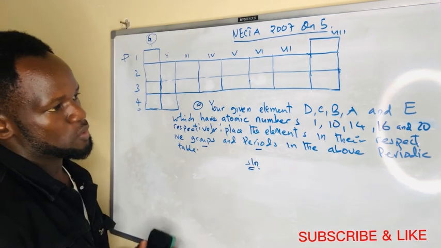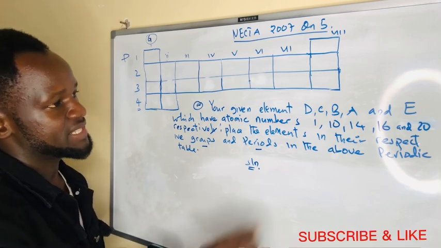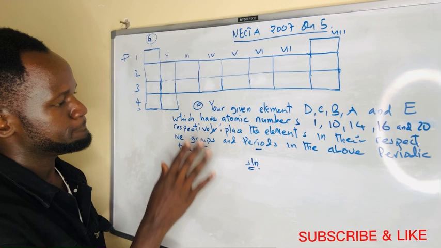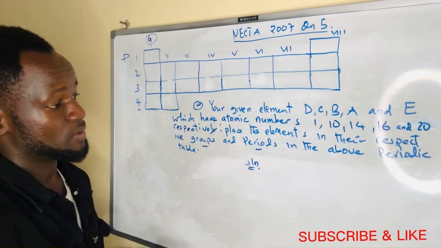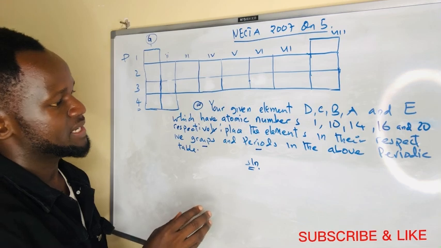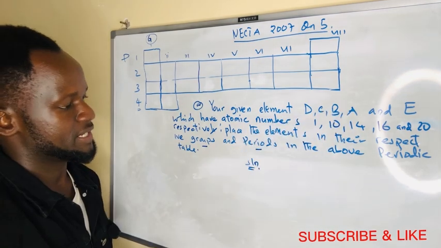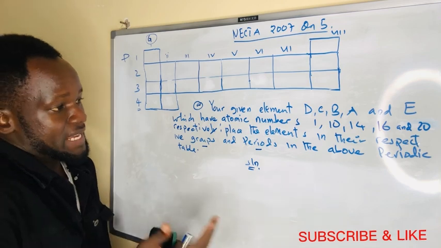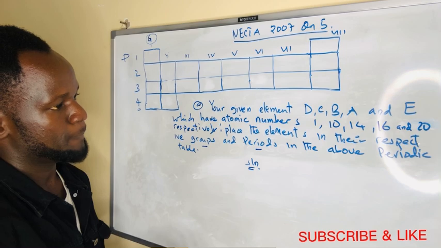To solve this question in a simple way, first of all, we have to write the electronic configuration of each element. From there, it is easy for us to identify the groups and periods of these elements. You can ask yourself, why do we need to write the electronic configuration?